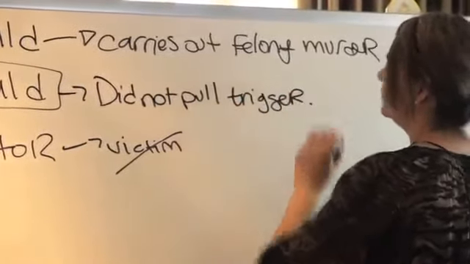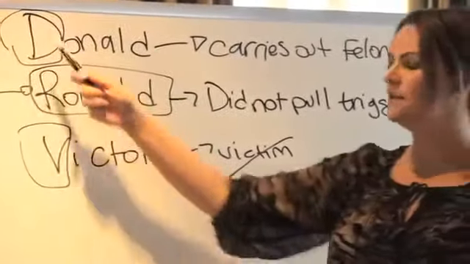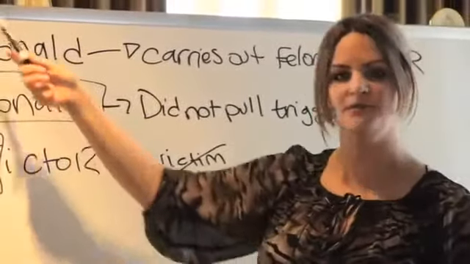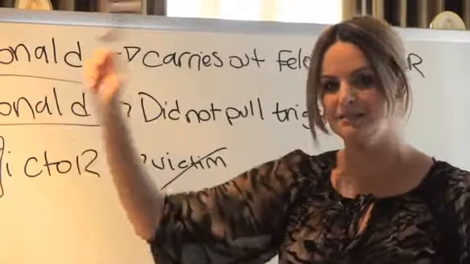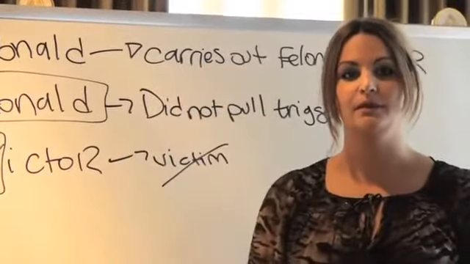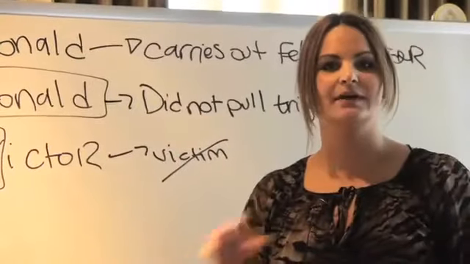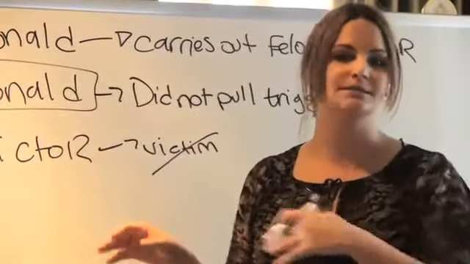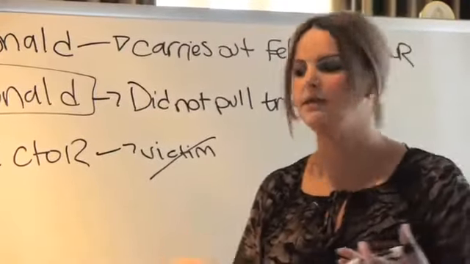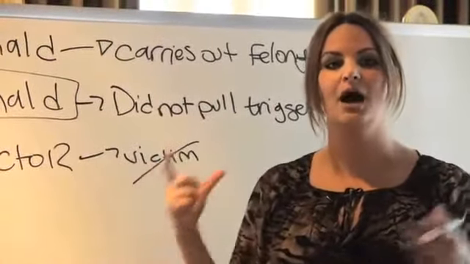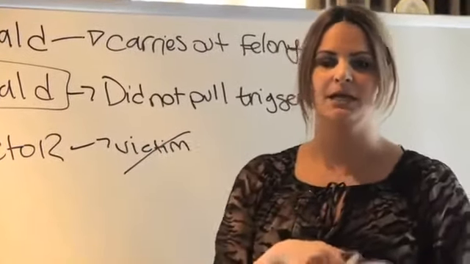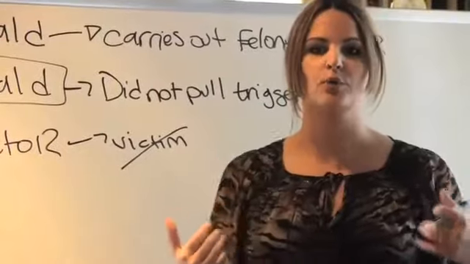So if the call of the question asks you something along those lines, i.e., can Ronald be held guilty for the crimes or for the acts of Donald, automatically the issue is accomplice liability within a crimes context. Vicarious liability floats through a lot of subjects on the California bar exam. It comes up in torts, it comes up in agency. Within crimes, accomplice liability is synonymous with that vicarious liability, the acts of another being thrown onto one.